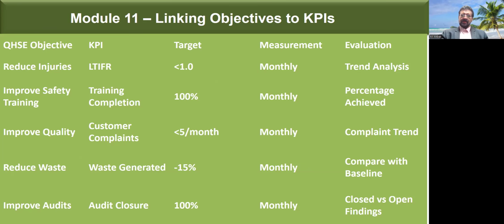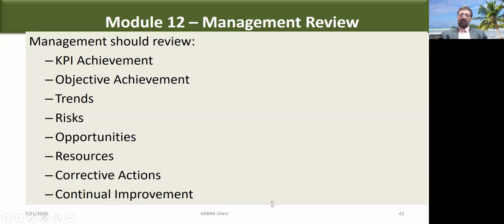This is the target, or you can also give a percentage. Monthly, then complaint trend. Reduce waste: waste generated, we have to reduce this by 15% monthly, compared with baseline, the previous one. Improve audit closure: 100% monthly closure. How many findings we closed and how many findings we have now.